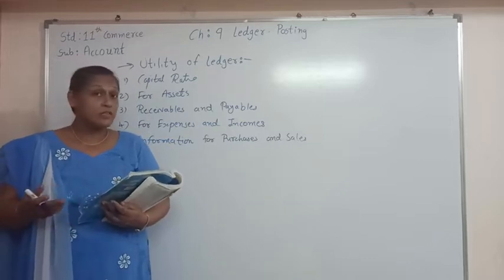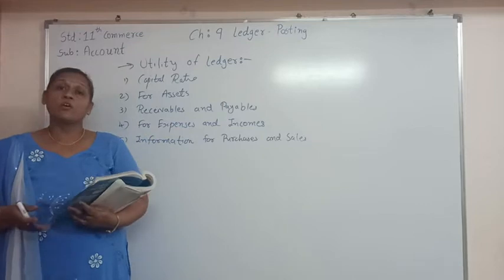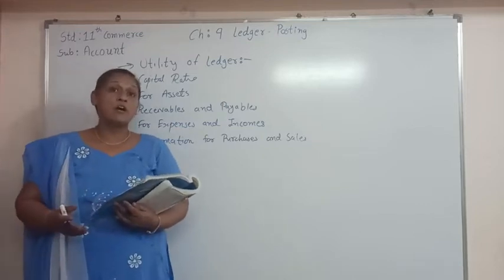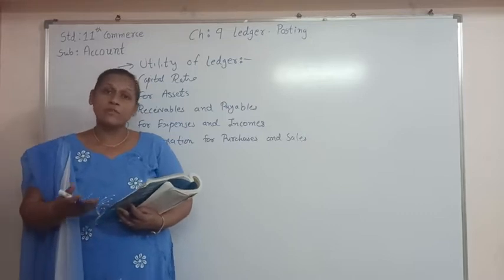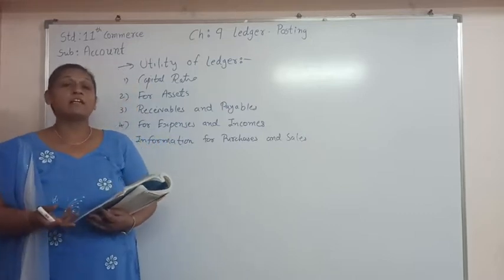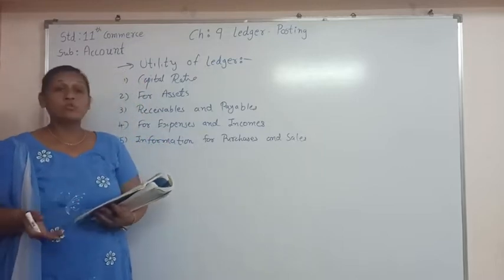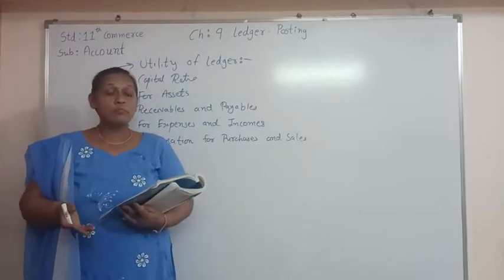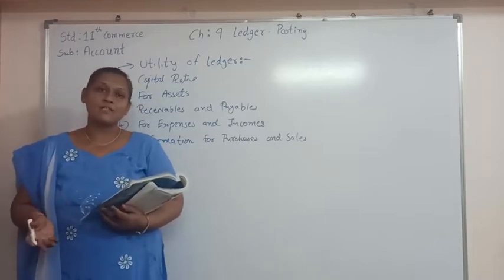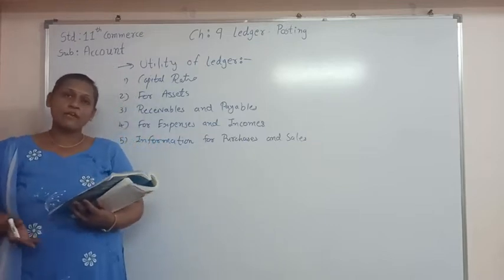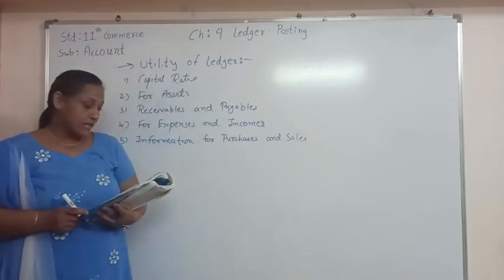If we are purchasing more and selling more, then only can we grow in the business. How much purchase has been done till today and how much purchase we did in last years, if you want to compare, that comparison is possible only through the ledger. To make the comparison and to know how much we have purchased as well as sold, that can come from the ledger only. So for that also ledger is very important.